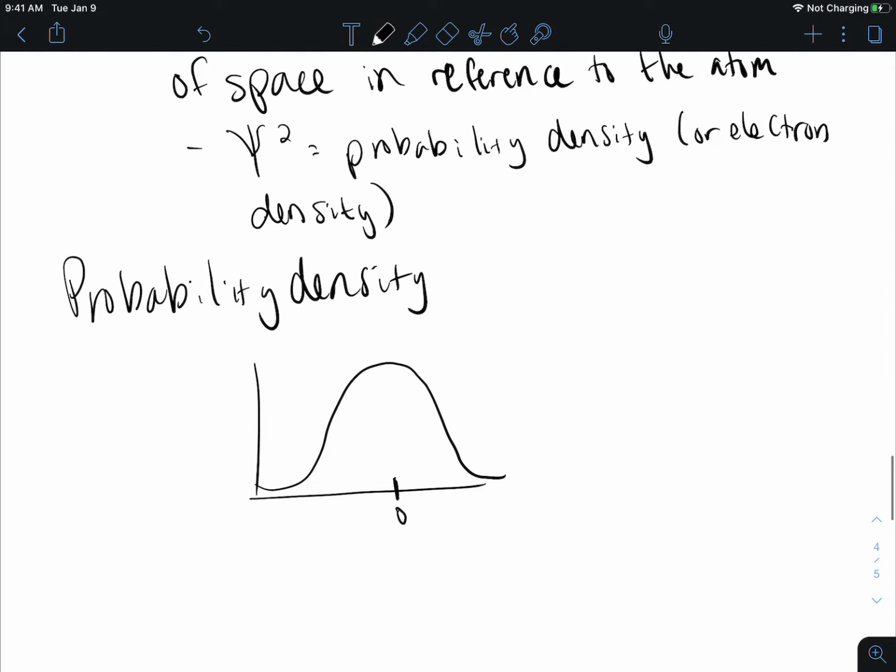So what we're looking at is where there's a high probability of finding an electron versus a low probability of finding an electron.